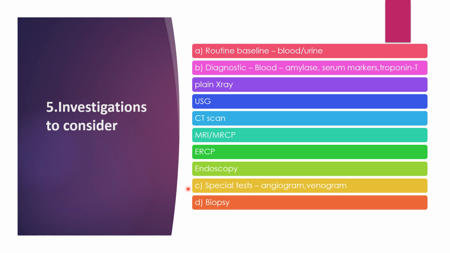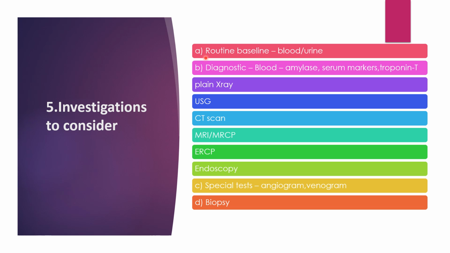After the history and the physical examination, we have come to a certain provisional and differential diagnosis. Next, we decide what investigations you want to order for these patients to confirm the diagnosis that you have decided.